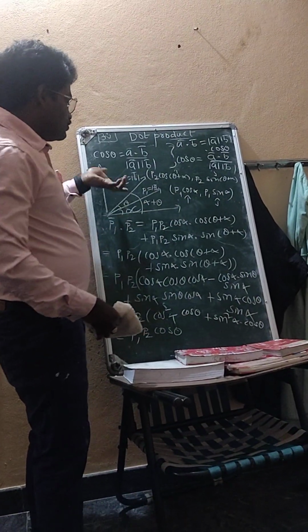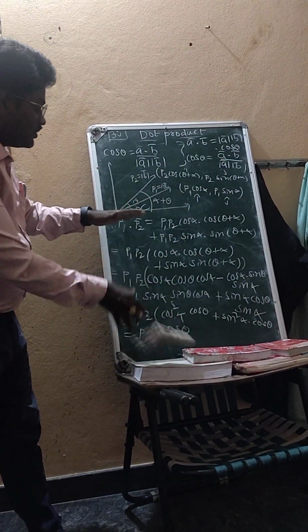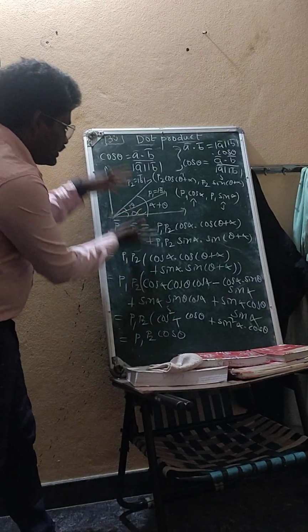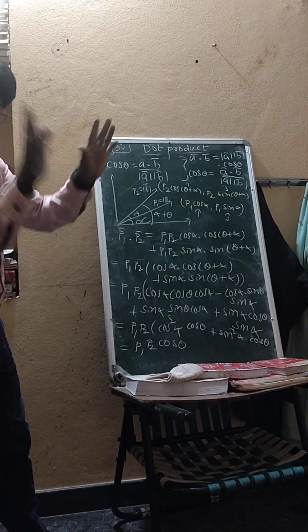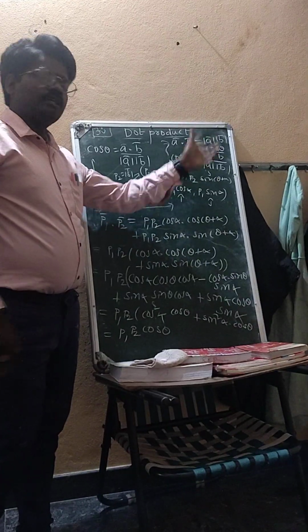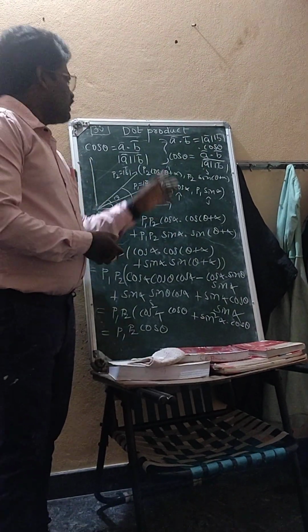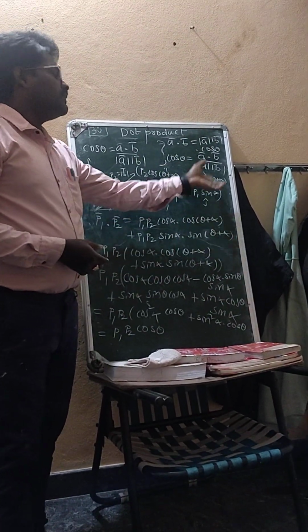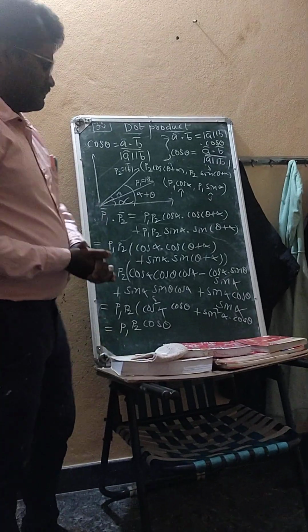Clear. First, draw the diagram: some distance alpha, remaining theta, total alpha plus theta, or theta plus alpha, both are the same. Converted into angle: P1 cos alpha, P1 sin alpha, P2 cos of theta plus alpha, P2 sin of theta plus alpha.